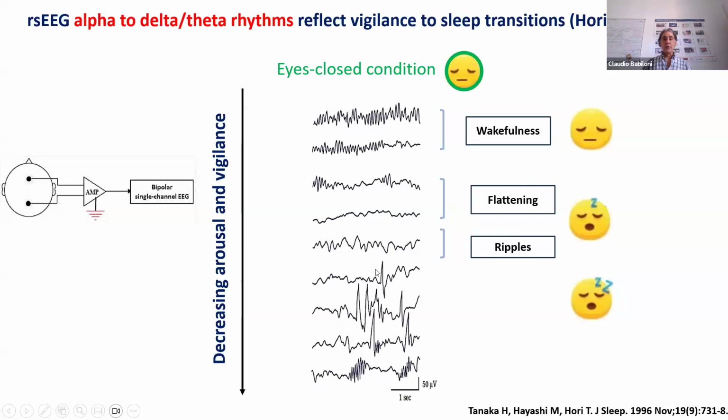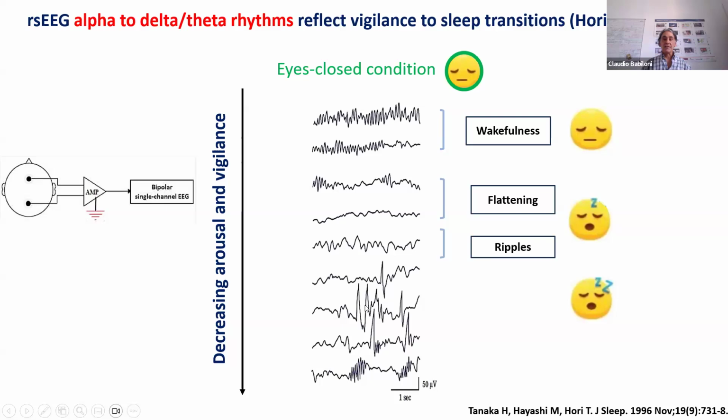And then you see that when the transition to sleep is greater and greater, other changes in the EEG activity can be found.